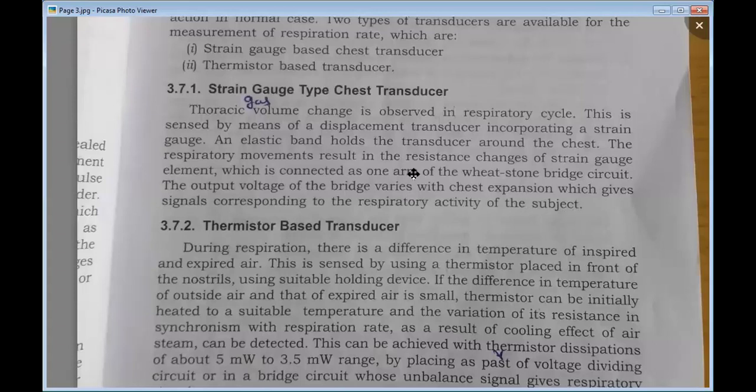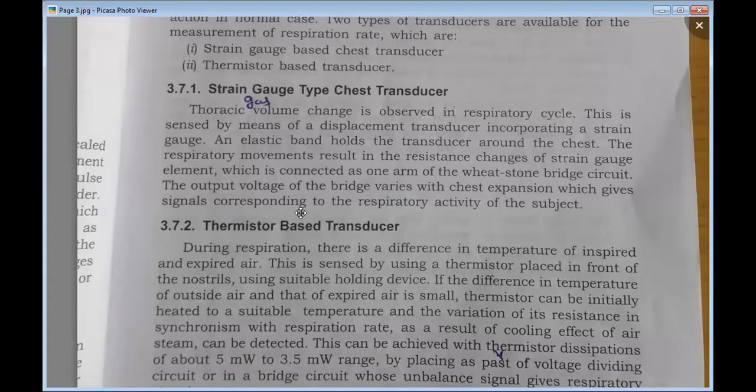Suppose a patient is not infected. In such a situation he completely inhales and exhales, and due to that the respiration movements will be very high, so we will get a very high output. If a patient is infected with some virus, he is unable to breathe properly.